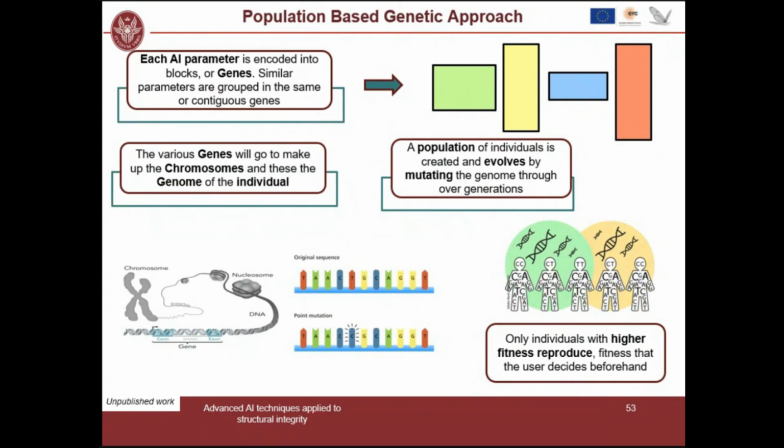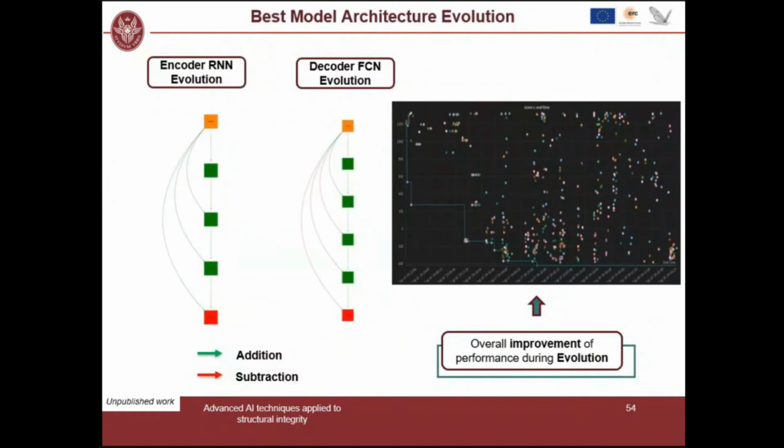Okay? So you let the population evolve. At each generation they mate, and there is some crossover, some mutation, some inversion, a lot of genetic operations that you can customize and create. I created the library from scratch, so I could add basically everything. And this is the genetic evolution. You can see here the structure of the encoder and the decoder evolving.